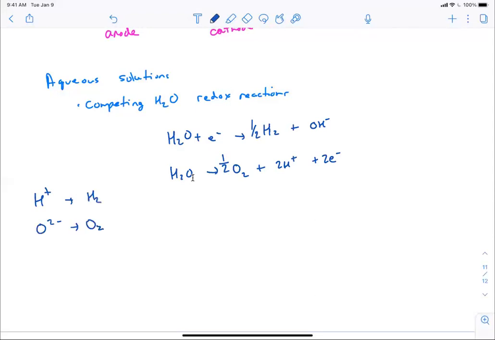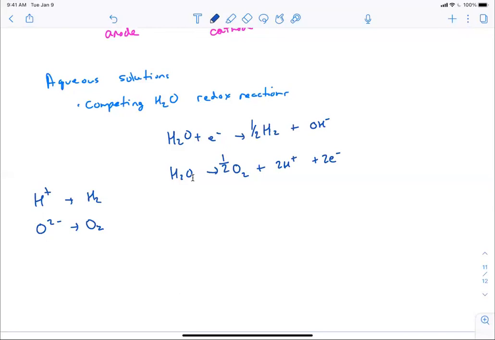So that helps me figure out where my electrons are going to be, on the left or on the right. Because if H plus is going to H2, 0, that means it's gaining electrons. So you have to put the electron on the left. And if you're going from O2 minus to 0, then you're losing 2 electrons. And so therefore they go on the right.